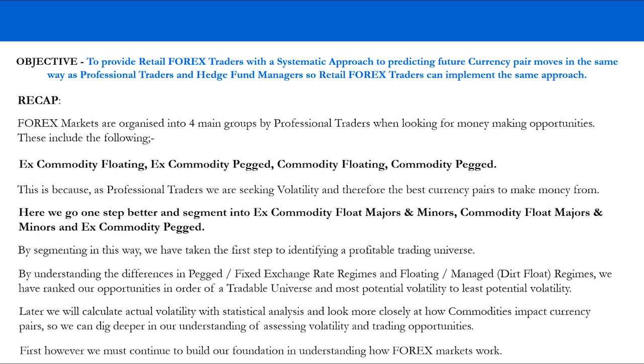And understanding the differences, as we have done in this video, between pegged or fixed exchange rate regimes and floating or managed dirty float regimes, we've ranked our opportunities in order of a tradable universe, and we've also ranked them potentially in a way that creates a volatile to least volatile ranking in the set.